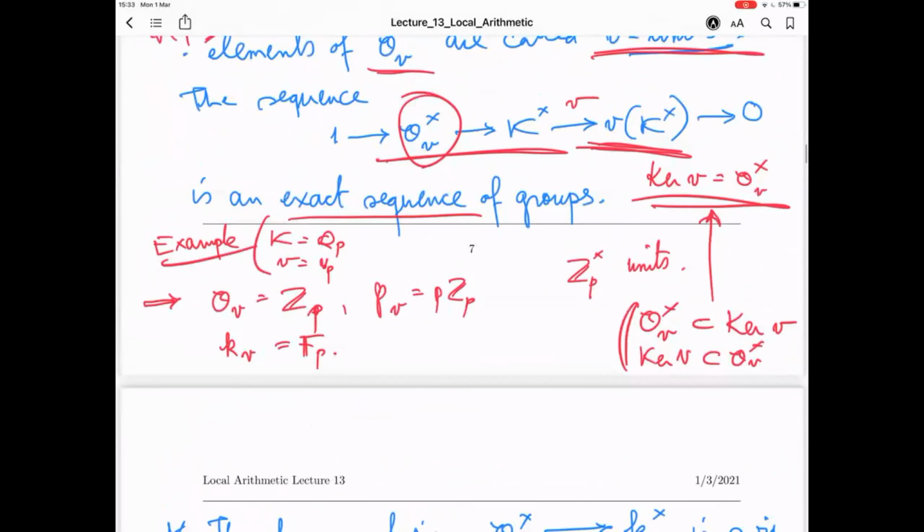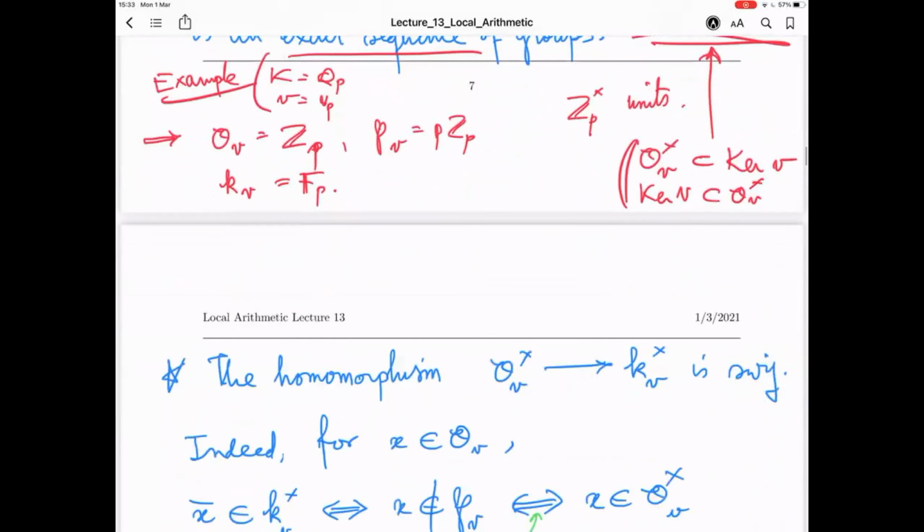And that's why you have exactness of the sequence here. The kernel of V is equal to the image of OV star. Okay.